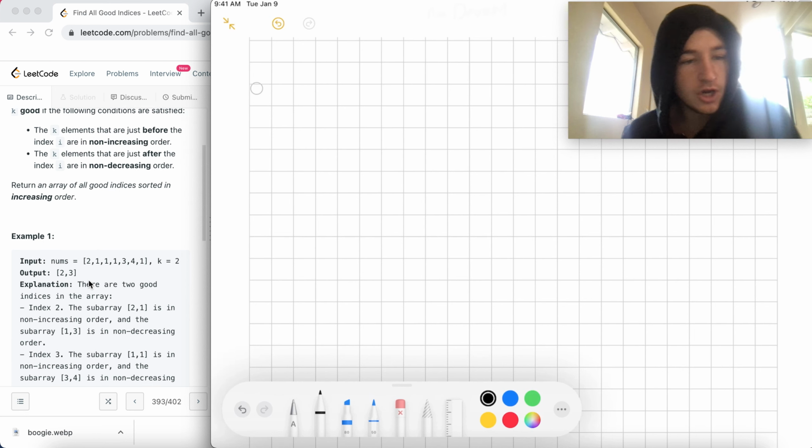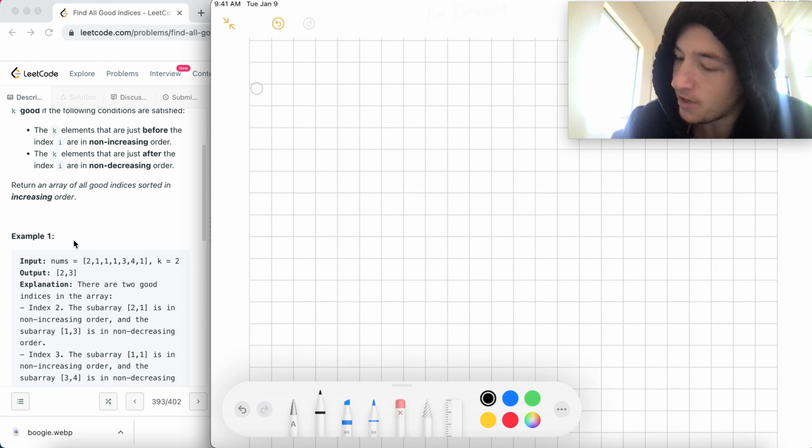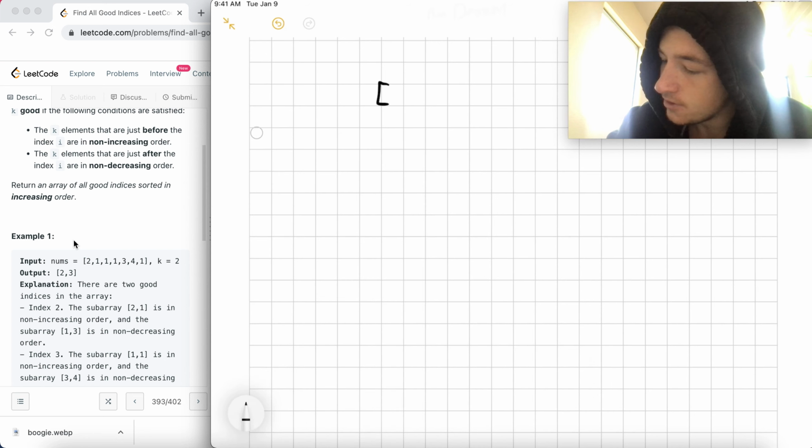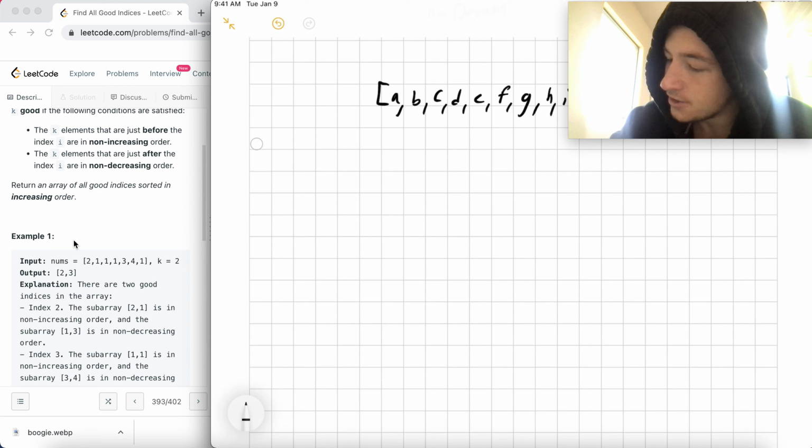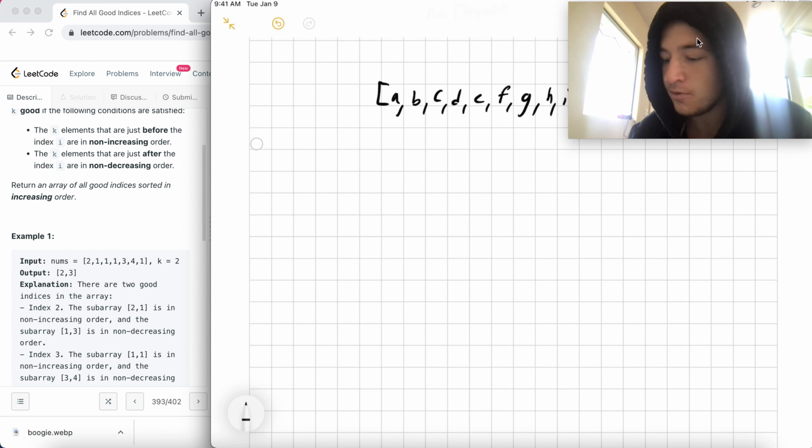All right. So there's this array, some general array with elements A, B, C, D, E, F, G, H, I, and J. And you have some k value.